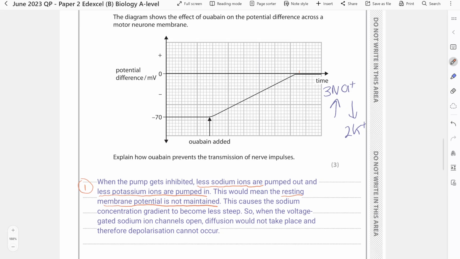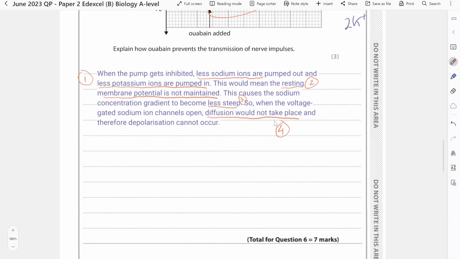And because it becomes more and more positive, we can see that on the graph, that causes the concentration gradient for sodium ions to become less steep. So this is a second mark. The less steep would be a 3rd mark. And then because you need a concentration gradient for diffusion to happen, if you don't have it, then diffusion does not take place. That would be the 4th mark.